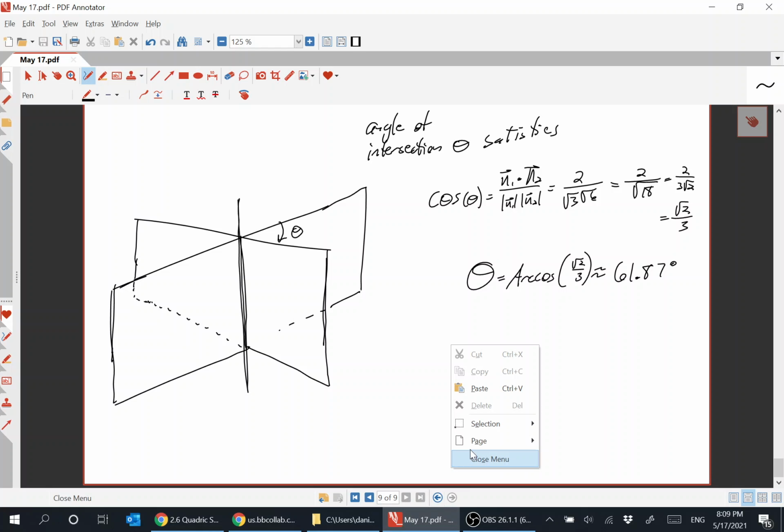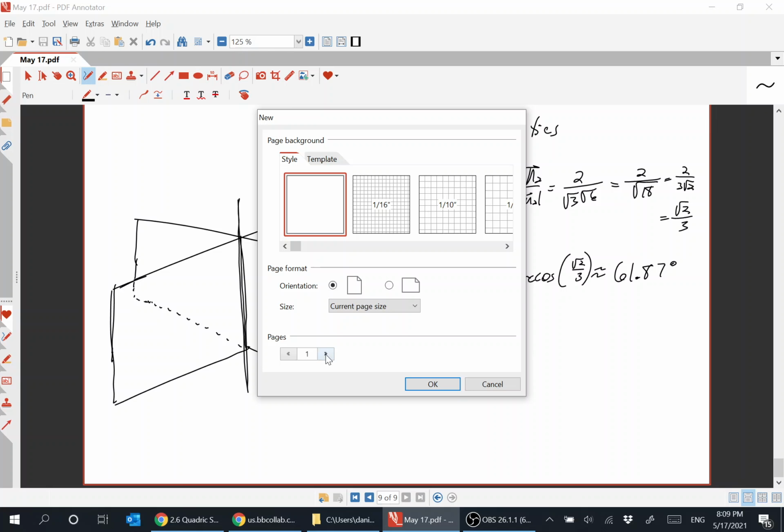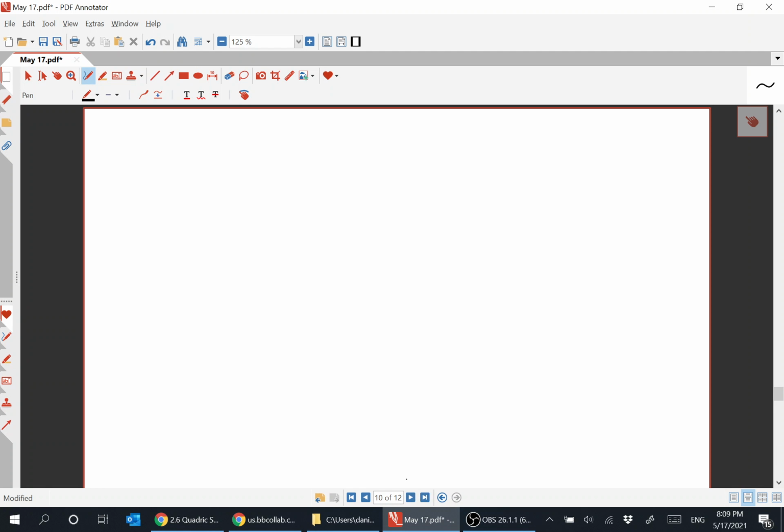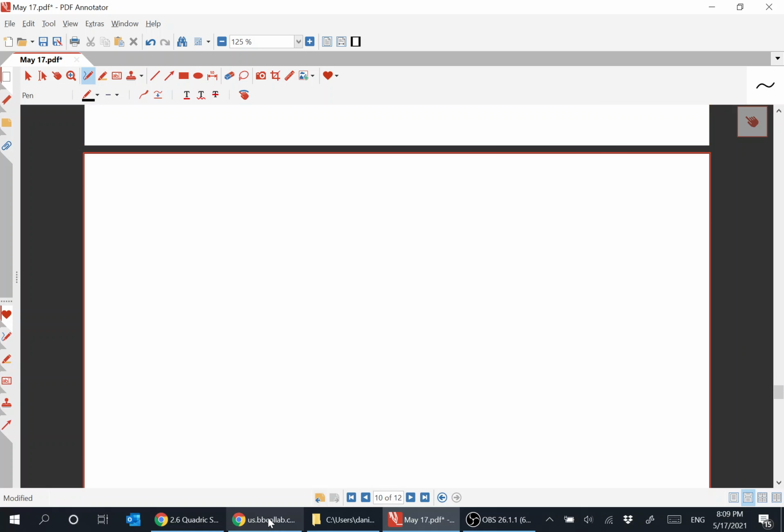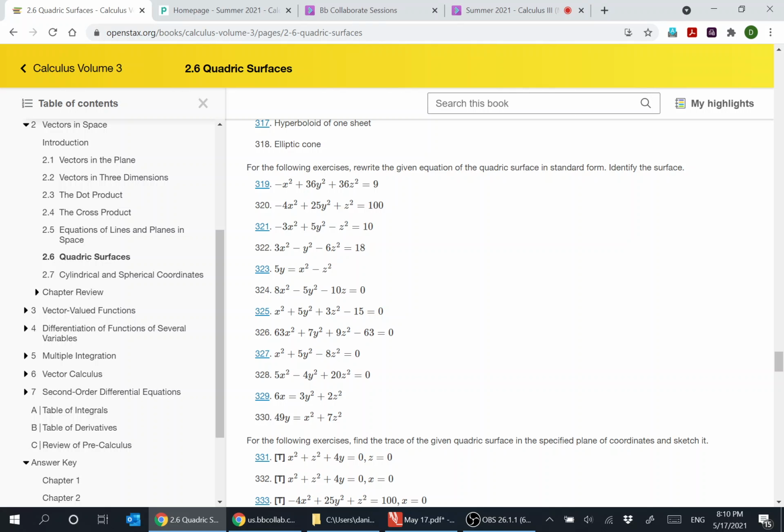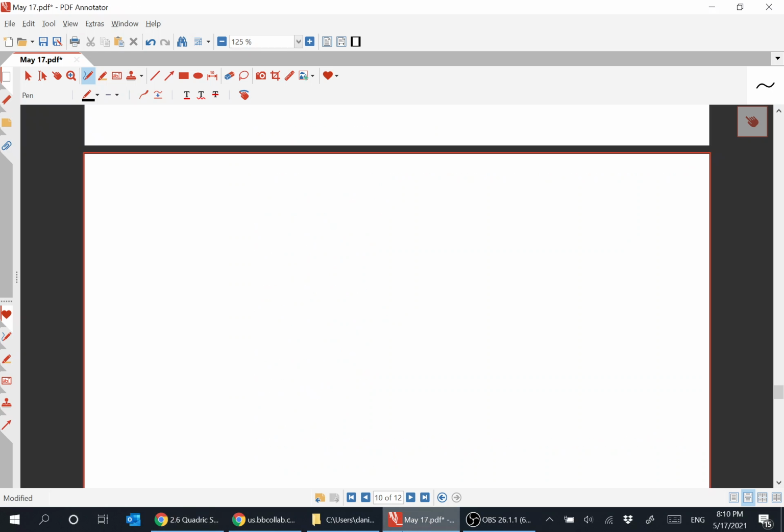Okay, well, so here in number 19, minus x squared plus 36y squared plus 36z squared equals 9.